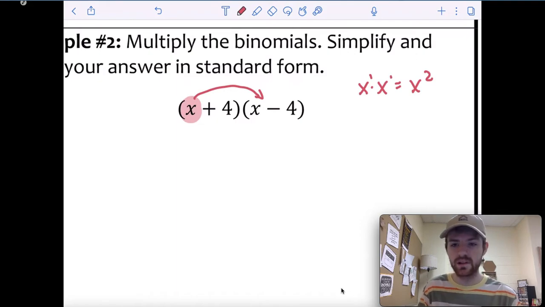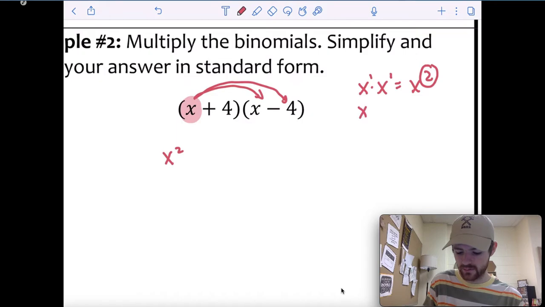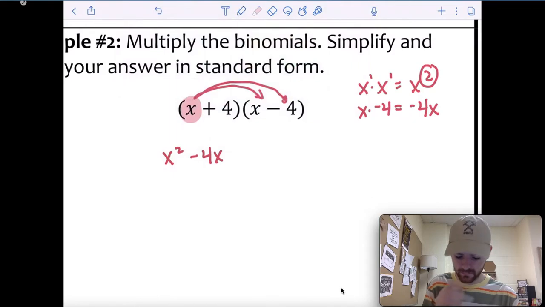When we multiply our x's, we add our exponents. So 1 plus 1 gives me that x squared. Then x times negative 4 is just minus 4x. That's that first distribution.